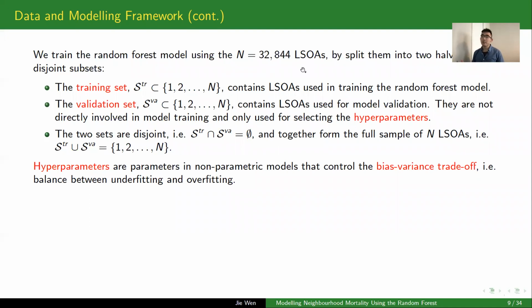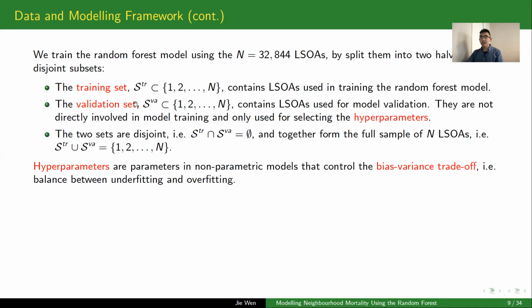Now with both predictive variables and the response variable readily available, we train the random forest model using all of the 33,000 RSOAs, but we split them into two halves as disjoint subsets. One subset is called the training set, which we use to train the random forest model. The other subset is called the validation set.